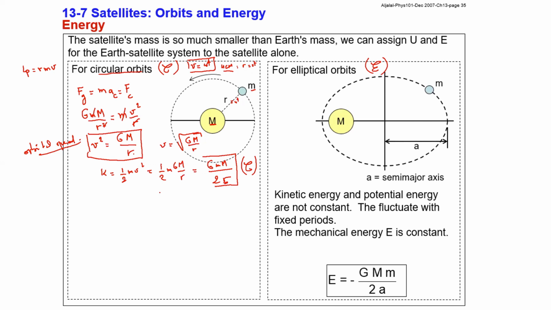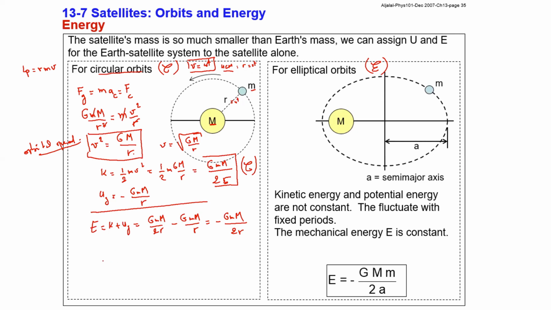Now, what is my gravitational potential energy? This is always minus G M m divided by r, r being the distance between the two centers of mass. I add them to get the mechanical energy, kinetic plus gravitational potential: G M m divided by 2r minus G M m divided by r, which gives minus G M m divided by 2r.